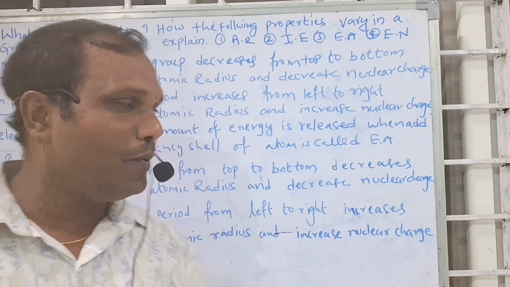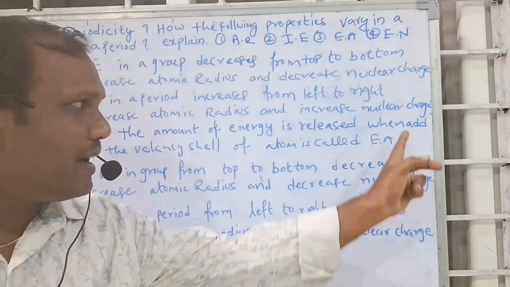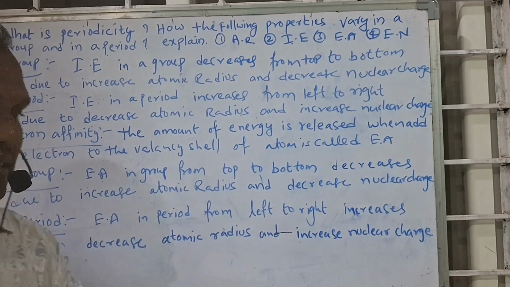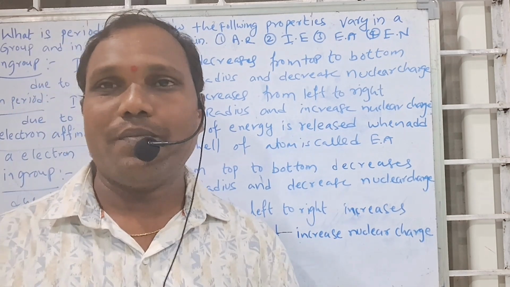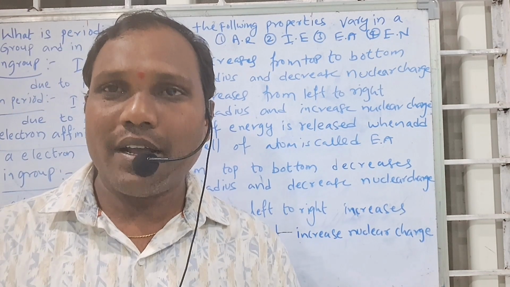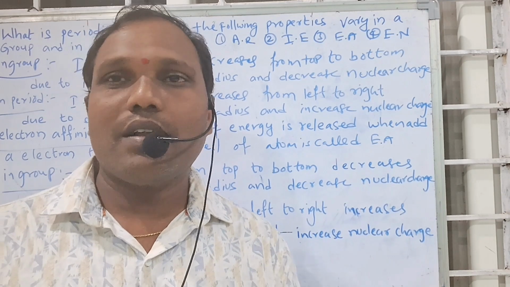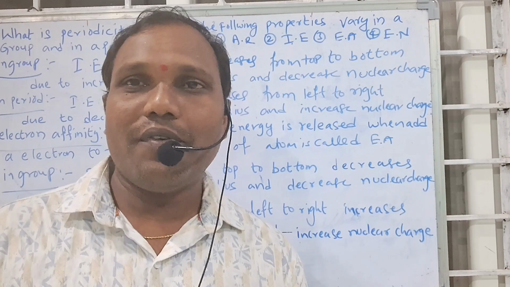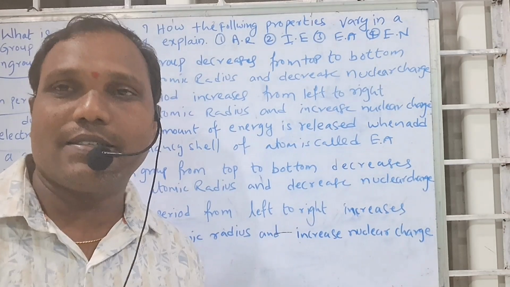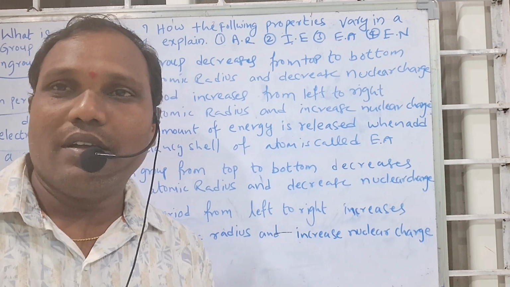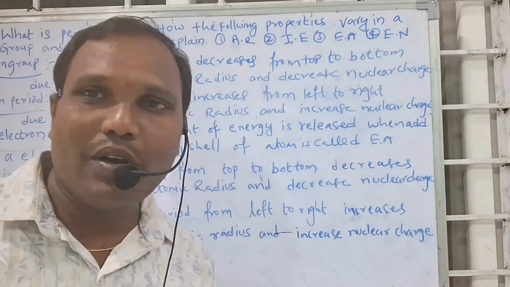Once again, the amount of energy released when an electron is added to the valency shell of an atom is called electron affinity. Electron affinity in a group decreases from top to bottom due to increasing atomic radius and decreasing nuclear charge.